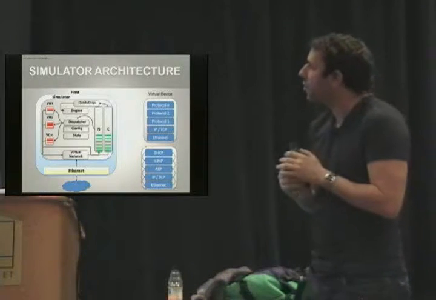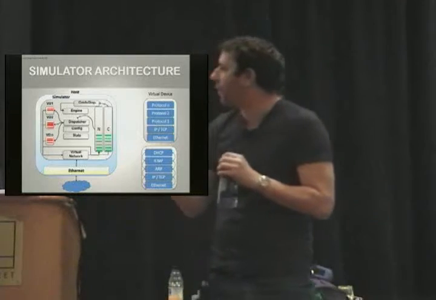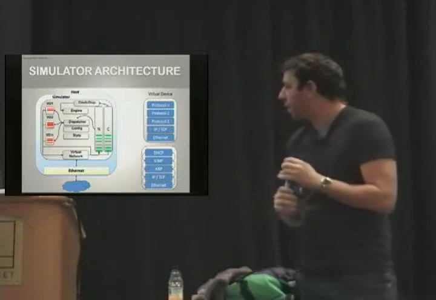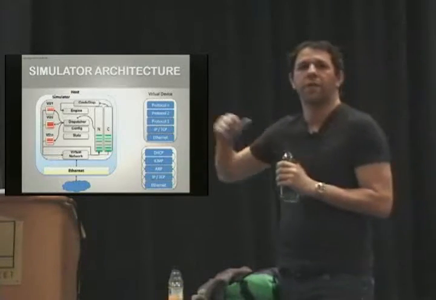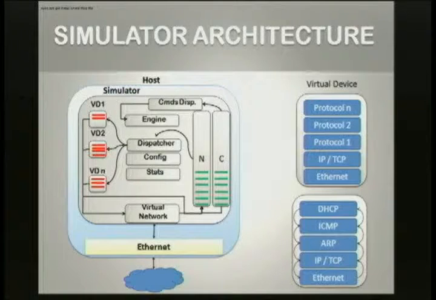So we have a dispatcher which takes messages off the NQ, the network packet queue. What I didn't say is that this queue holds all the packets that are running on the simulator. So every packet goes through the NQ. We have some stats module, config module, never mind.